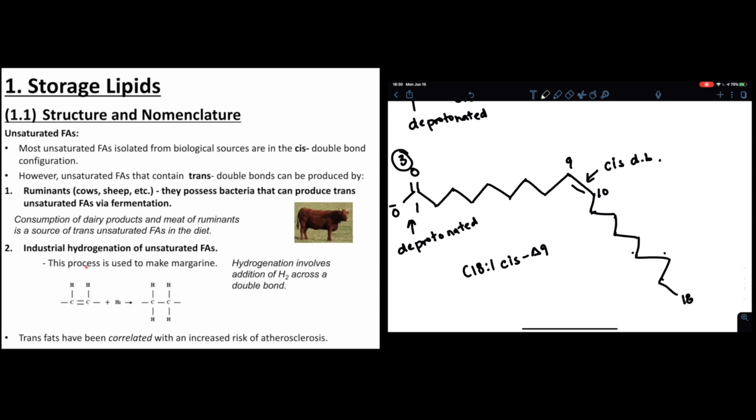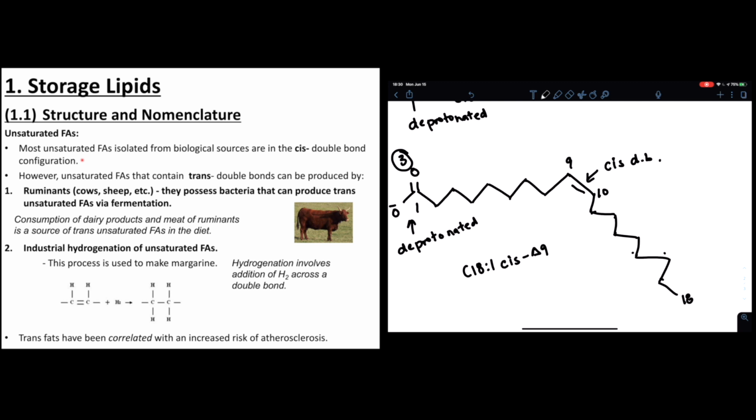All right. So that's hopefully a good introduction now to saturated and unsaturated fatty acids. We're going to now talk about the biological reasonings on why we're studying this. So most unsaturated fatty acids that you find from most biological sources are going to be in the cis form.